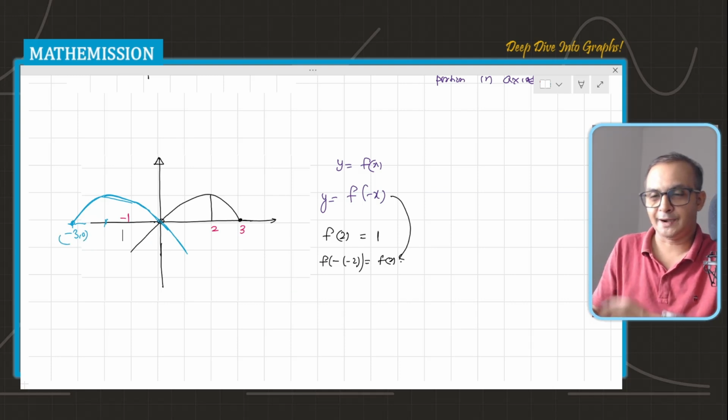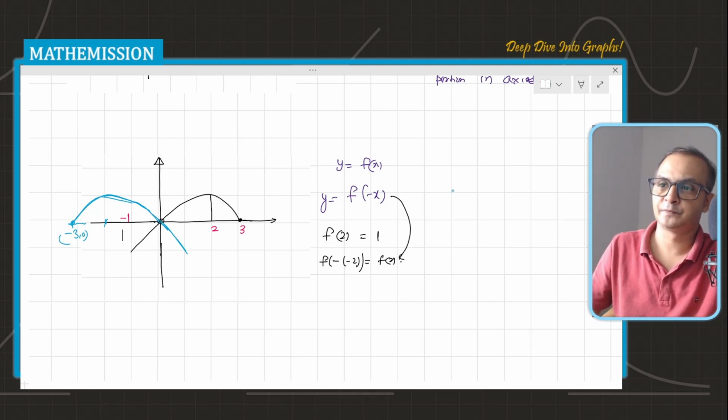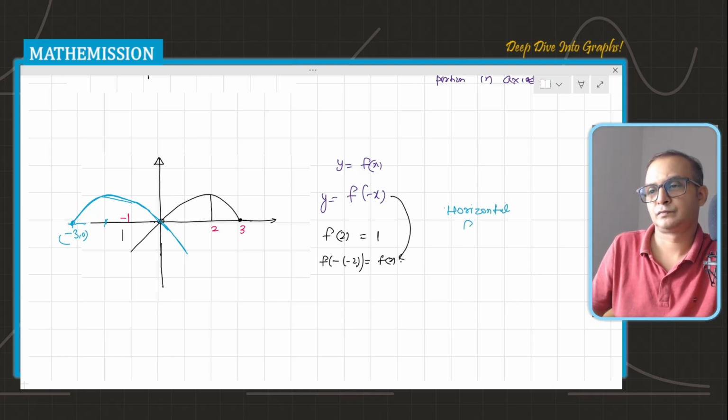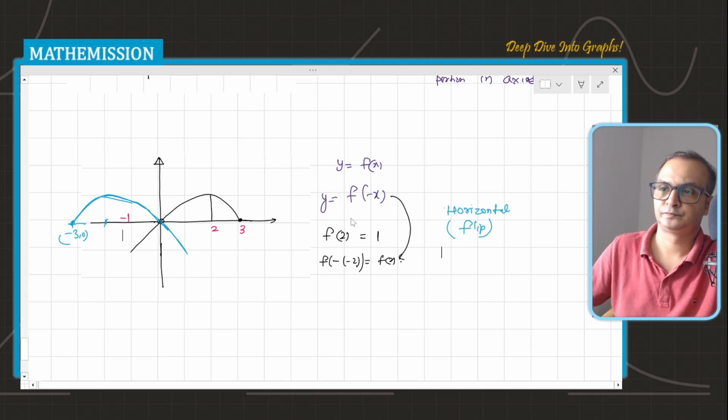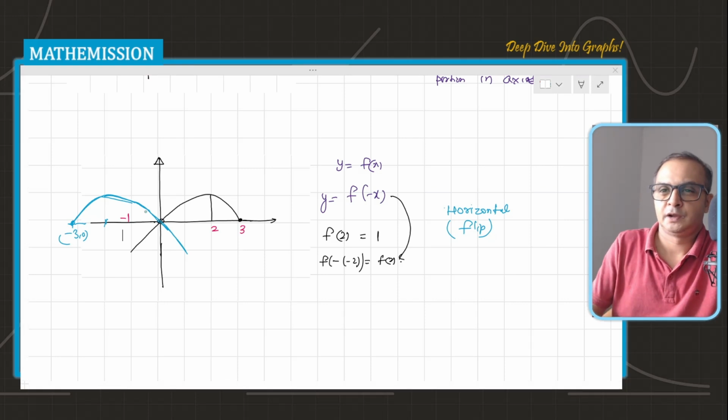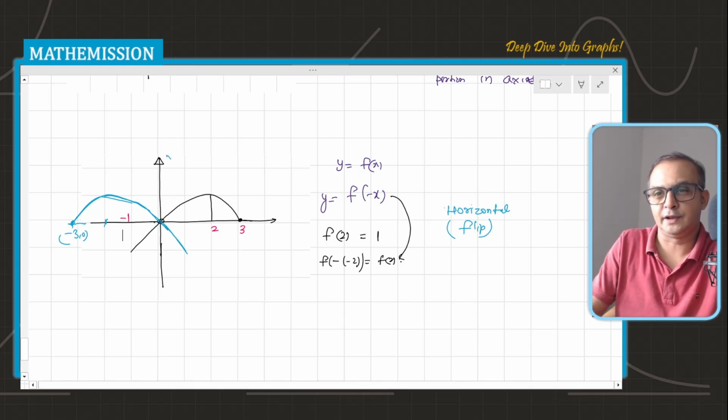So if you are multiplying minus 1 to the x from inside, as in f of minus x, there is a horizontal flip. It also means that we are taking the symmetrical, mirror image of the graph across the y-axis.